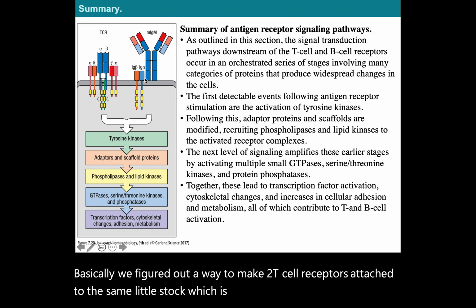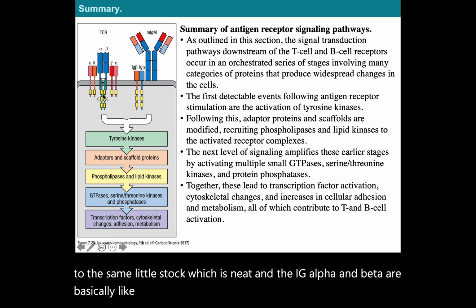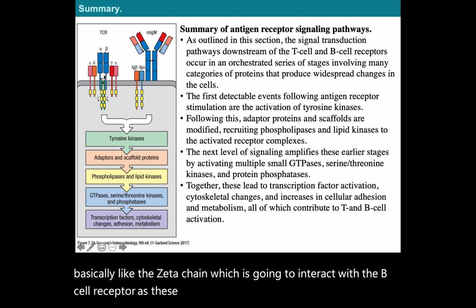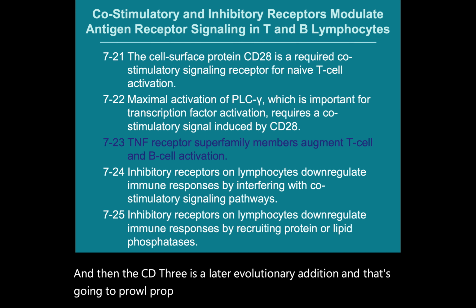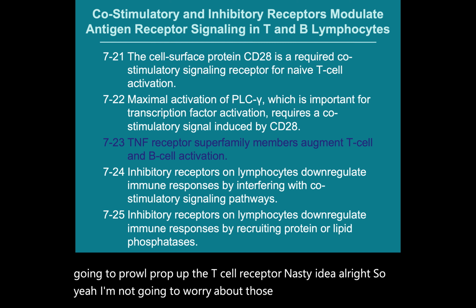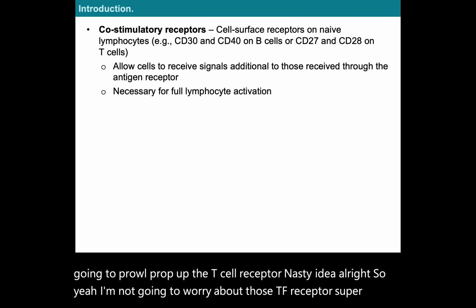And the Ig alpha and beta are basically like the zeta chain, which interacts with the T cell receptor, as Ig alpha and beta interact with the B cell receptor. Yeah. And then the CD3 is a later evolutionary addition, and that's going to help prop up the T cell receptor. That's the idea. All right. So, yeah, we're not going to worry about those TNF receptor super family members because, good Lord, we've learned enough.